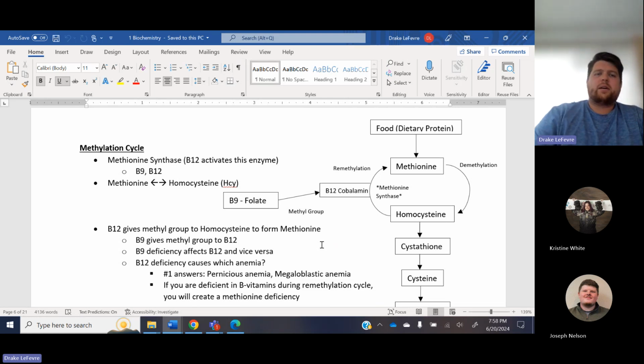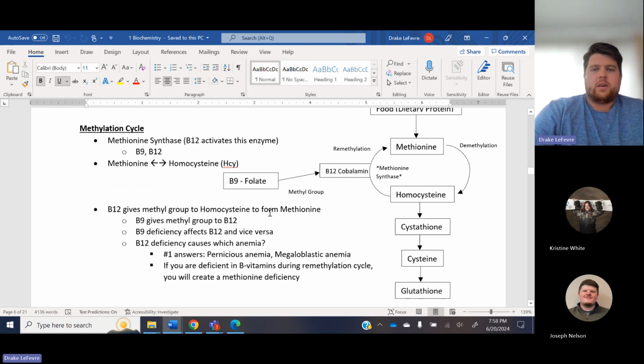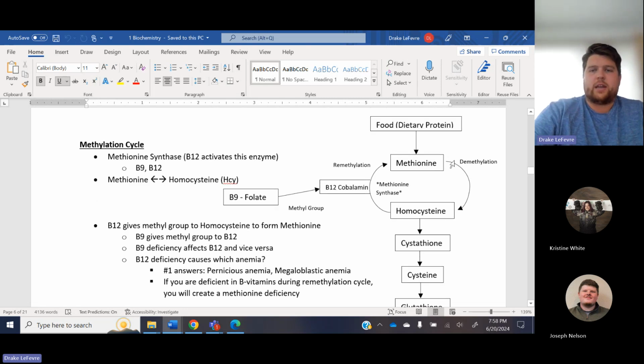So the methylation cycle: you have an enzyme called methionine synthase, which is activated by B12. This is why vitamins B9 and B12 are super, super important for regulating this cycle. So basically you have methionine. Methionine gets demethylated to homocysteine.